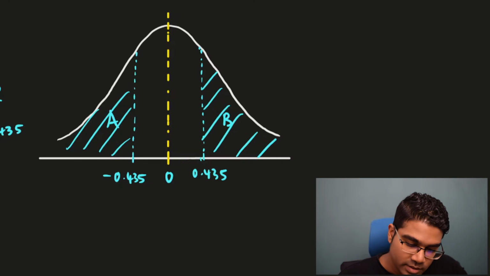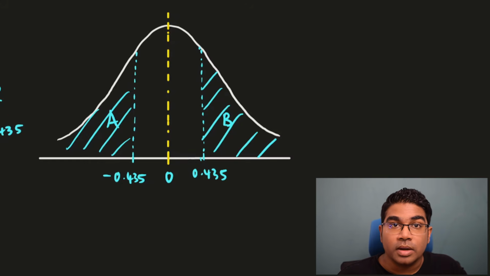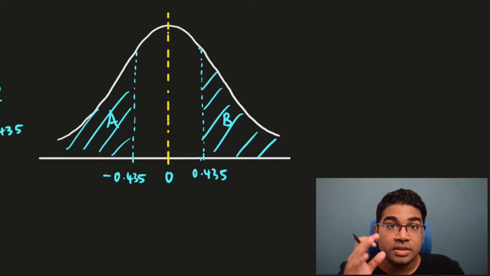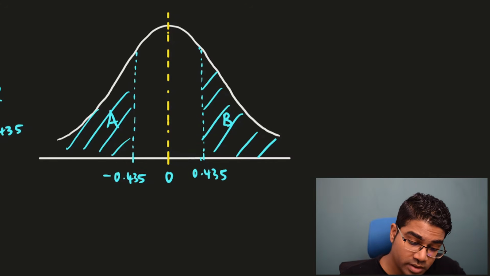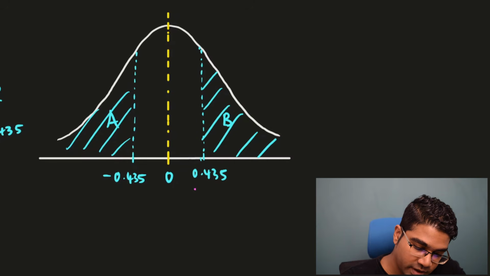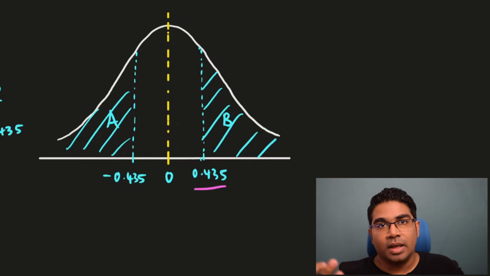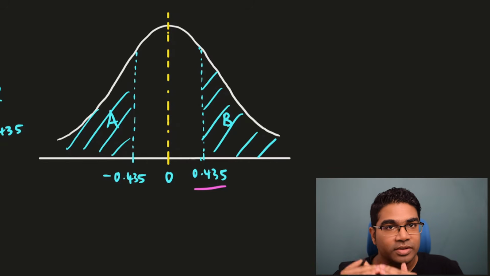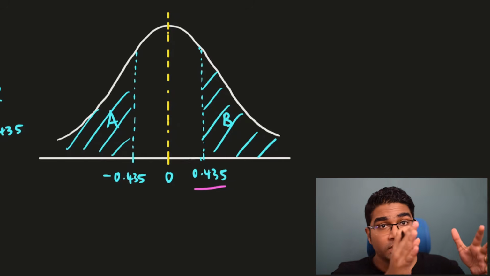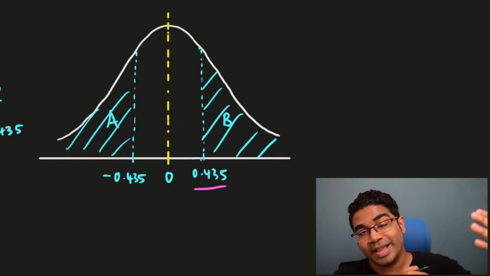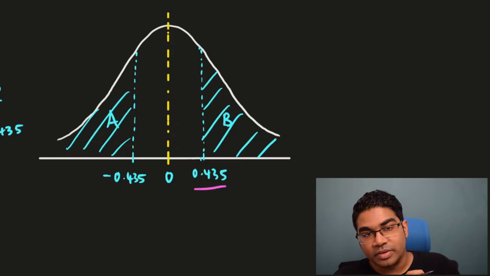If we can get this area B, that would have the same value as A. The z-score that we would need to use for area B would be 0.435. This you would be able to find on the table. Again, if you are using an upper tail probability, you will only get 0 to 3 for z-scores. If you are using lower tail probability, it will only be negative values, but you apply the same principle.